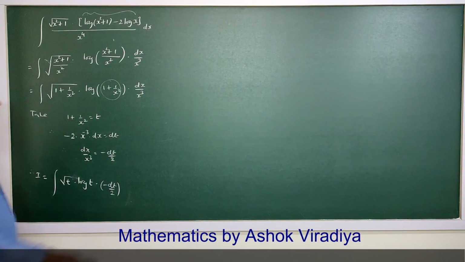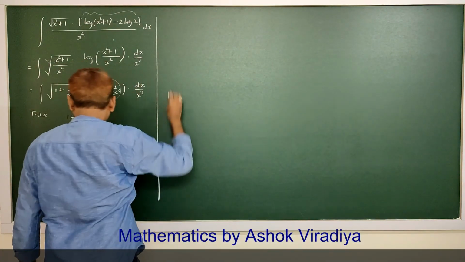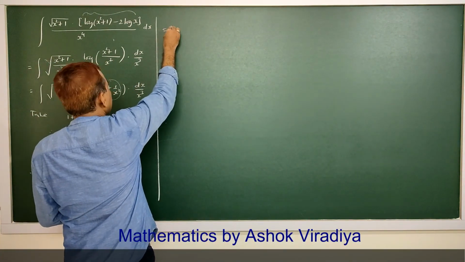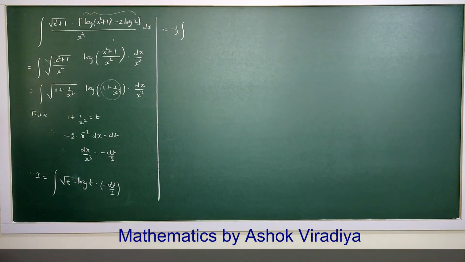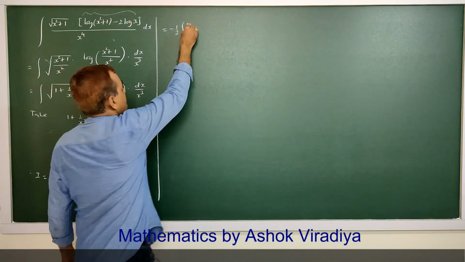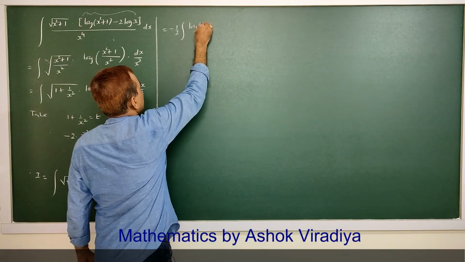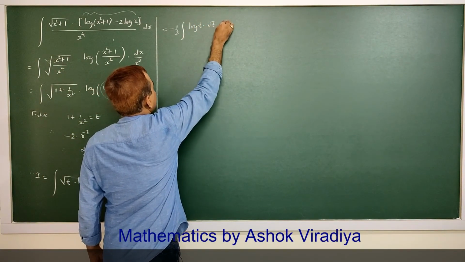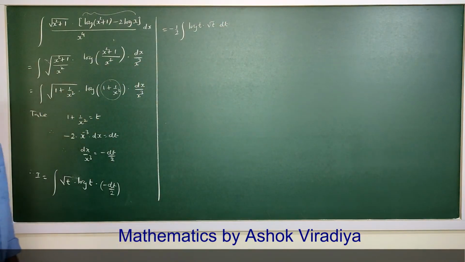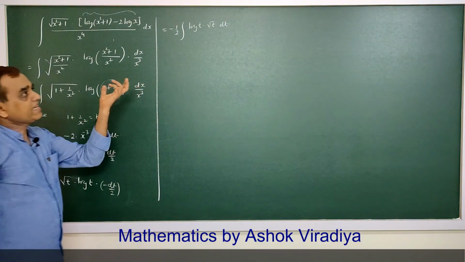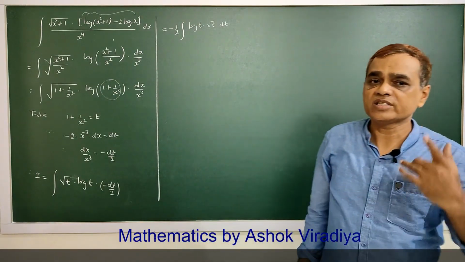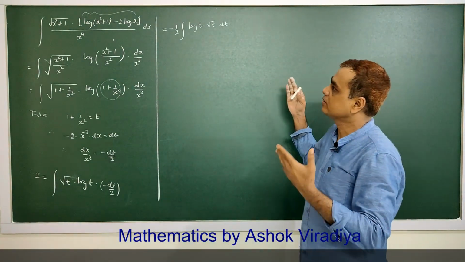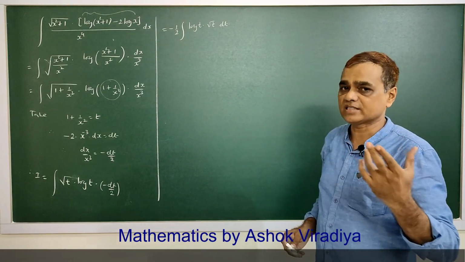So therefore it is equal to minus 1 by 2, we take outside, log t into root t dt. Log t I am taking as the first term, root t as the second term, because in the next step we are going to apply the rule of integration by parts.